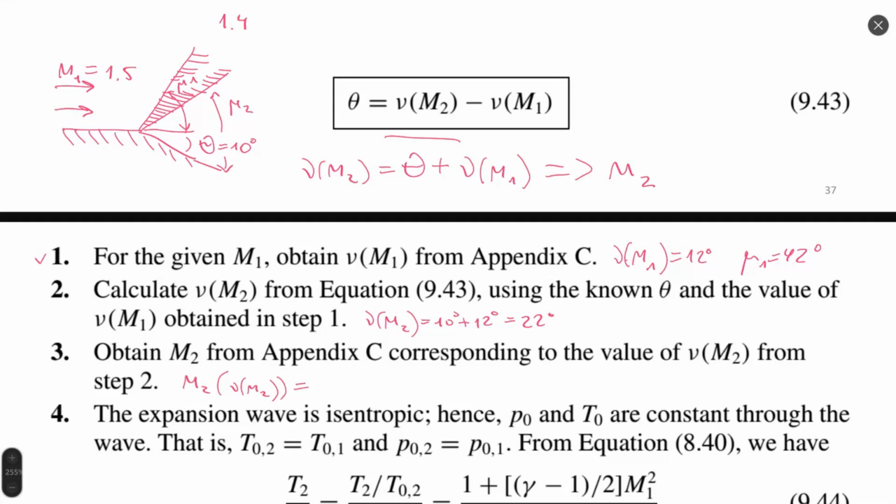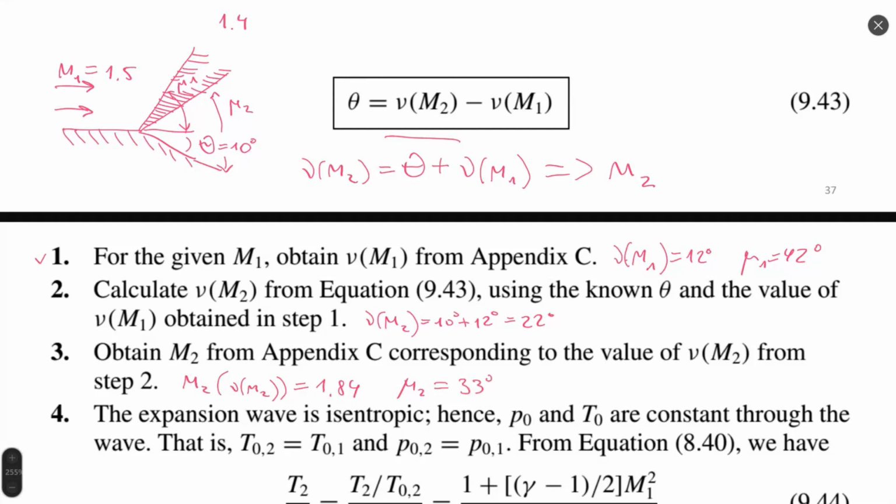Okay, and this would be from Appendix C. I will search where I have 22, approximately 22 degrees is here. It's Mach number 1.84, and mu2 for my geometrical drawing of flow structure is 33 degrees.